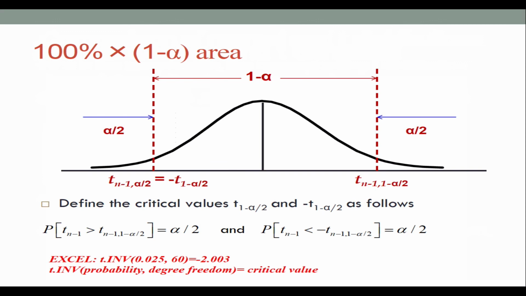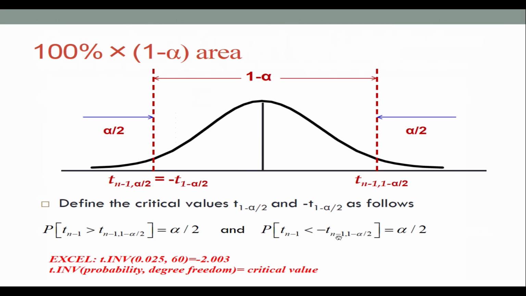So now we know that this standardized sample mean follows a t distribution instead of a normal distribution. So the only difference here is we need to figure out the critical value from the t distribution instead of the normal distribution. Same idea, we need to find these two critical values. The absolute values of them should be the same because the t distribution is also symmetric.